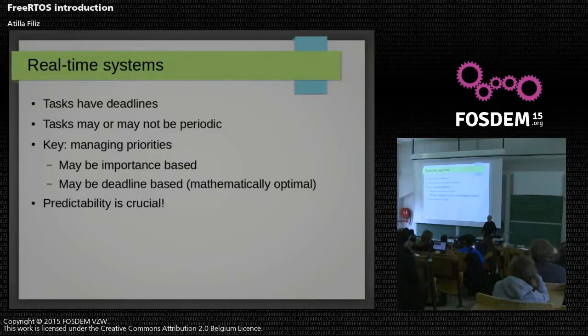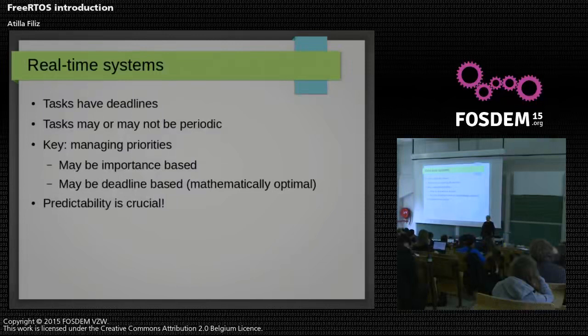So you need to manage your priorities. One way of managing those priorities is deciding which task is more important and which is less important, and scheduling it that way, so that for some of the tasks it's okay if they miss their deadline, and some tasks are critical, so let's keep them always in the highest priority.